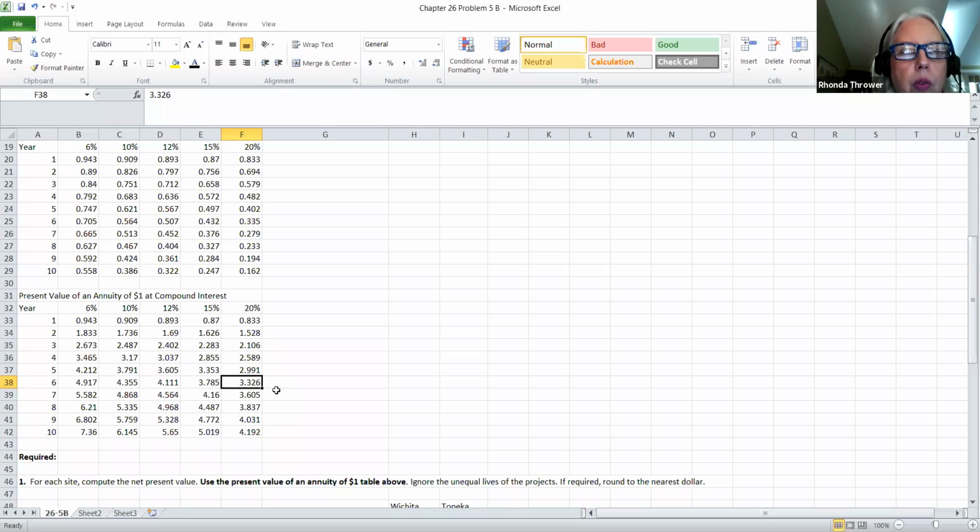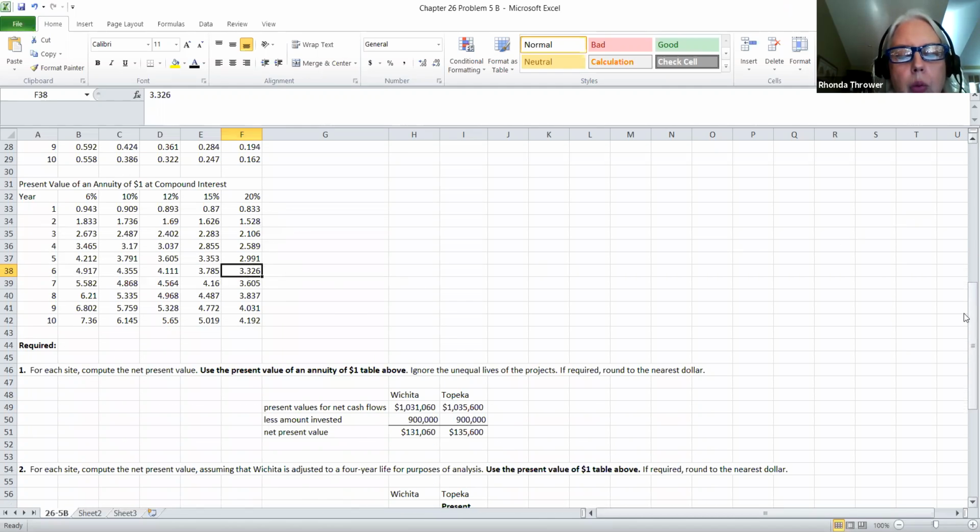Because this was an annuity and we're using the annuity table, we don't have to use each year separately. We simply take the number of years in the life of the asset and the table value amount and multiply it one time by the equal annual cash flow.